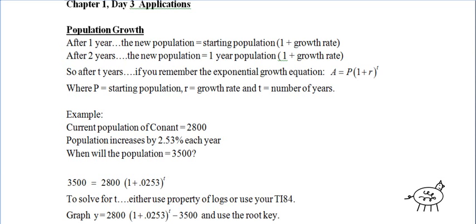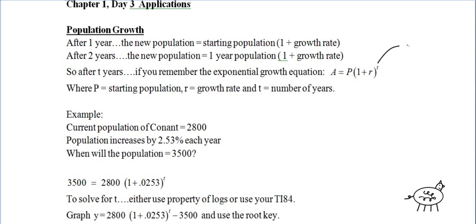After 2 years, if you remember, the exponential growth rate is then that equation. That's because I'm doing 1 plus the growth rate, and then the next year it's times that again, the growth rate times that again, and again. That's where I get t, raised to the t power. So that's your population growth formula. A is equal to P times 1 plus r to the t power, where P is the starting population, r is the growth rate, and t is the number of years.